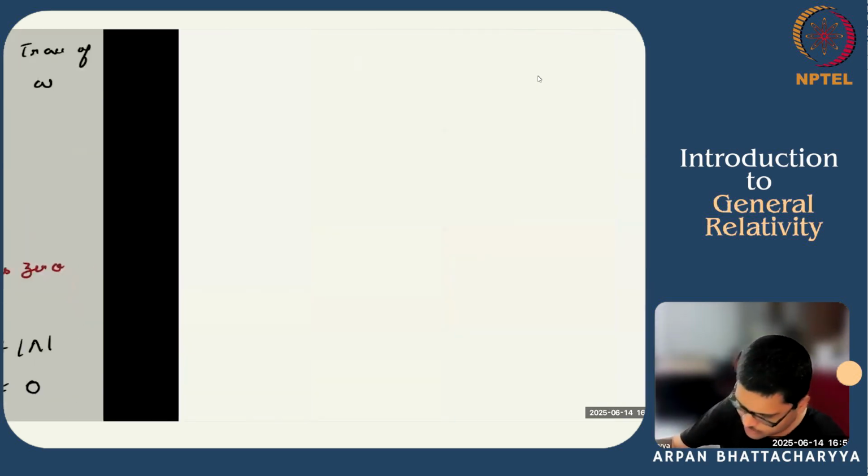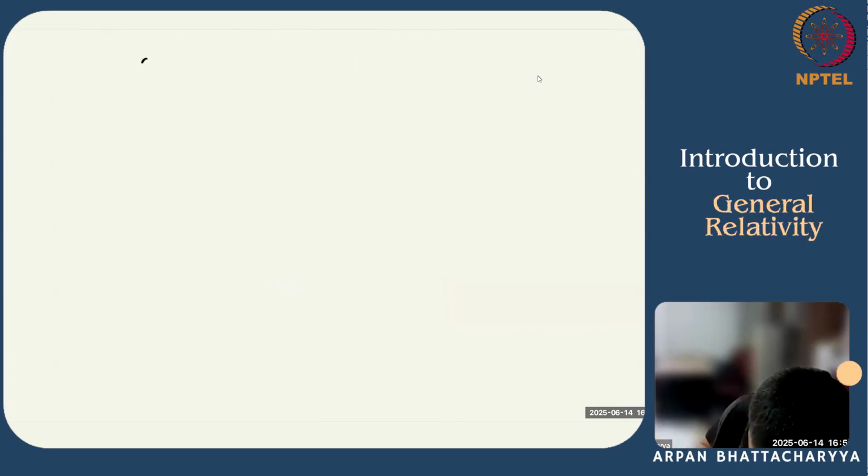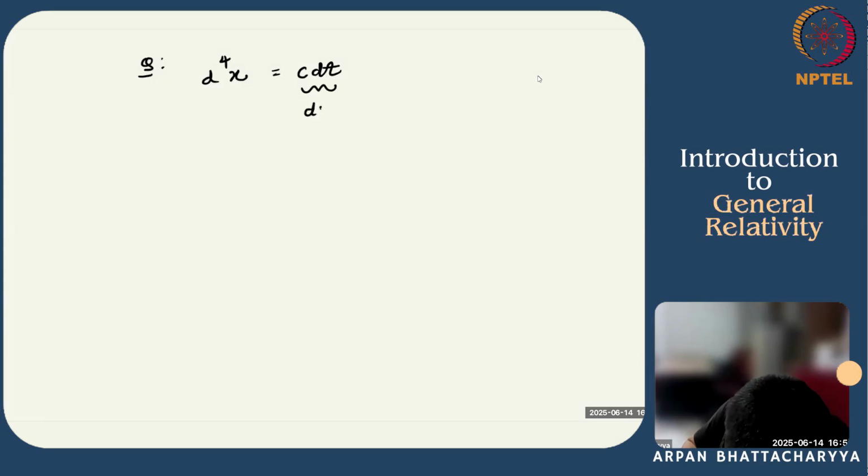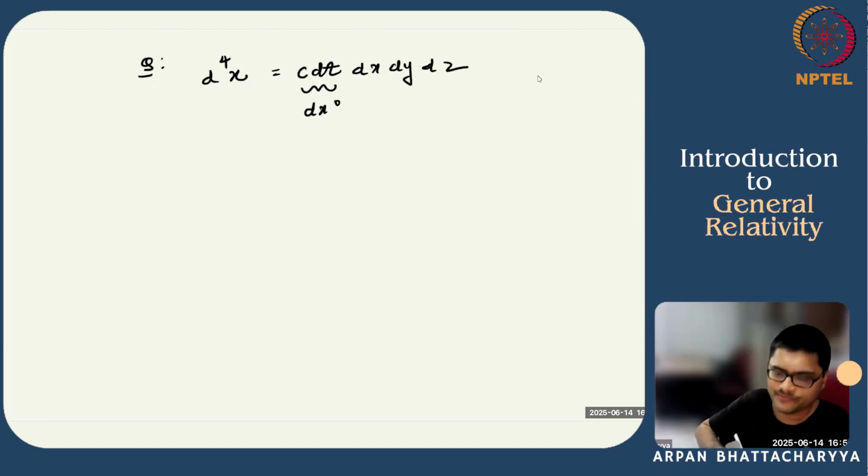Before we finish, a question for you. Let's consider the volume element in this Minkowski spacetime, which is denoted by d4x. This is the 4-volume element, which can also be written schematically as dt times dx dy dz, where t is the x0 component and the rest is spatial.